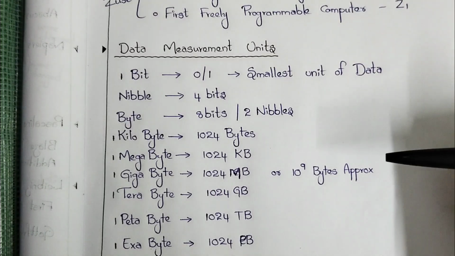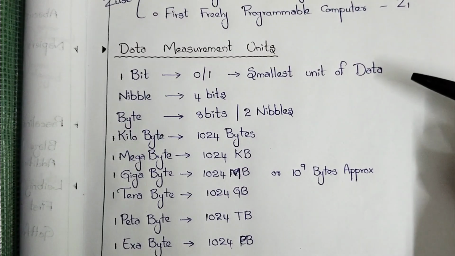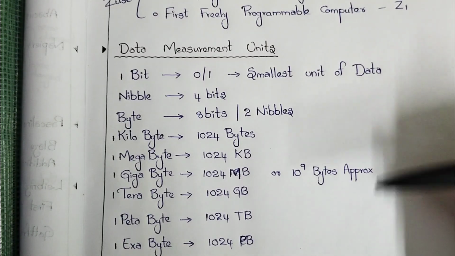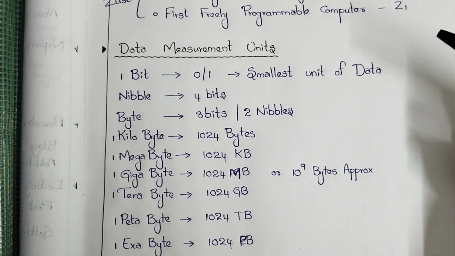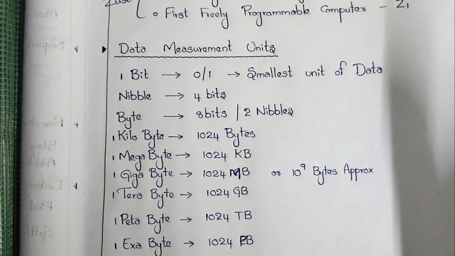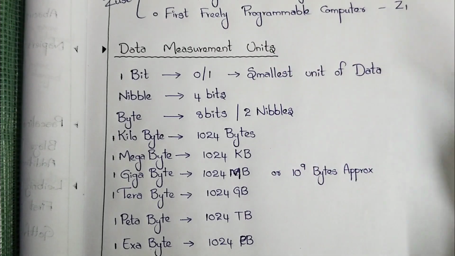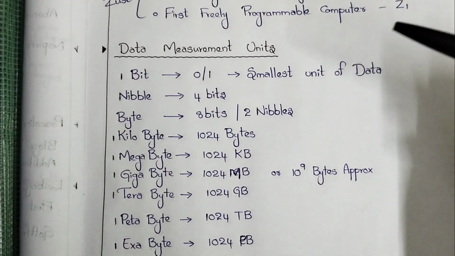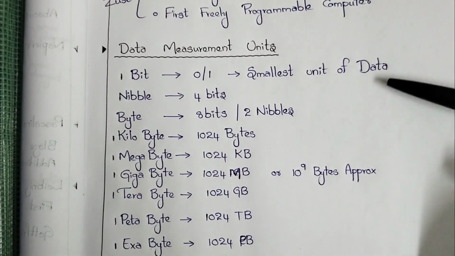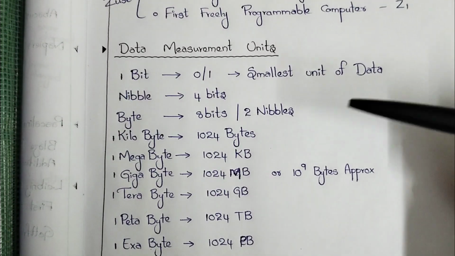If I tell the computer to store my name, let's say my name is Srujana, it will convert the word Srujana into zeros and ones, and it will store it. That's why we are learning these data measurement units, as the computer stores the data in the form of zeros and ones.